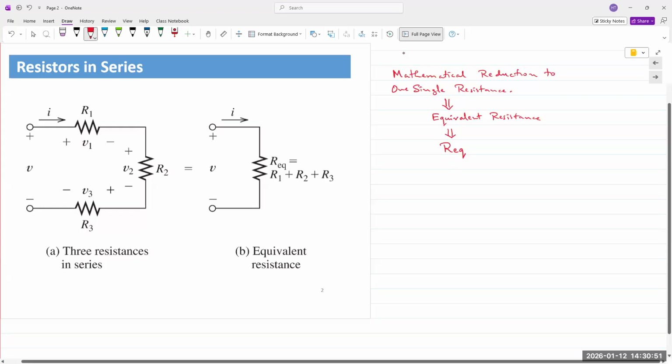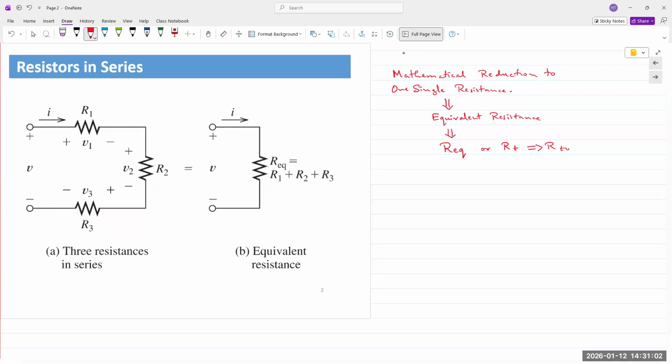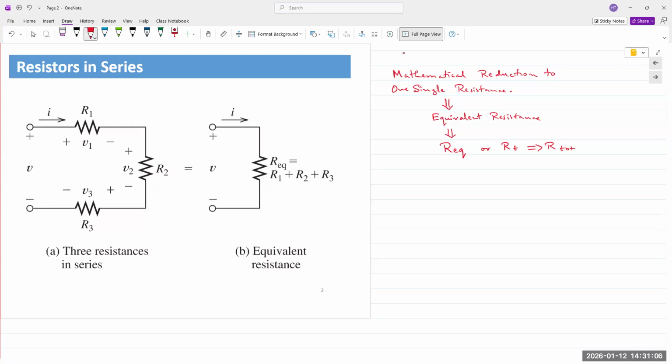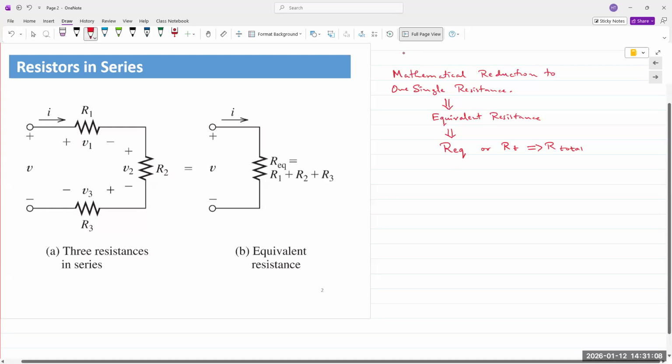Sometimes you might also see the term RT, where RT stands for R total. But more common is REQ, and REQ is what I use and what you will see in most of it.